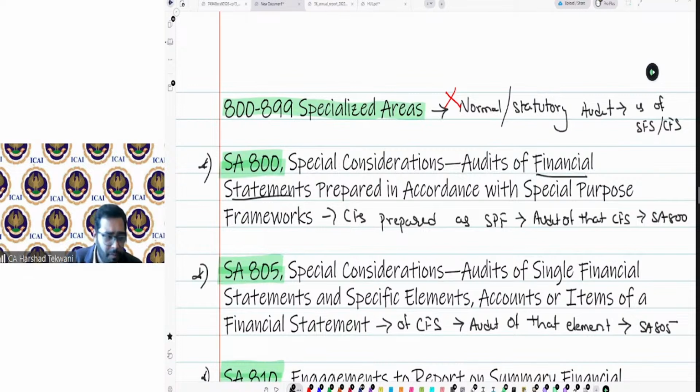I hope I'm clear with respect to this SA 800 series and consolidated financial statement. Depending upon the nature of engagement, you need to decide whether it's a normal audit, then SA 100, 200 to 700. If these are the special cases where SA 800 series is applicable, you need to apply SA 800. Doesn't make any difference whether it is the standalone financial statement or a consolidated financial statement.